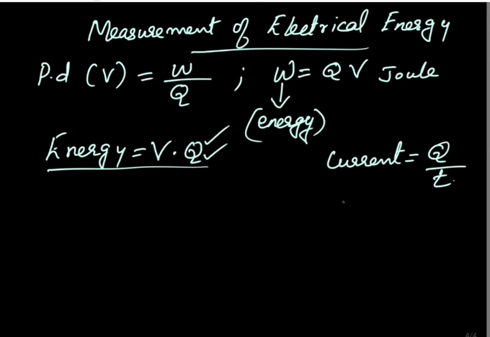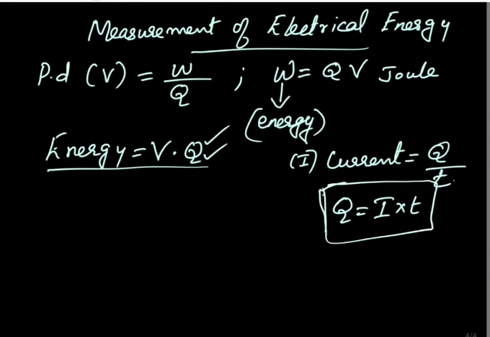So from this equation, electric charge Q is equal to current, represented using the letter I, multiplied with time T. So we got the equation for charge in terms of current and time.